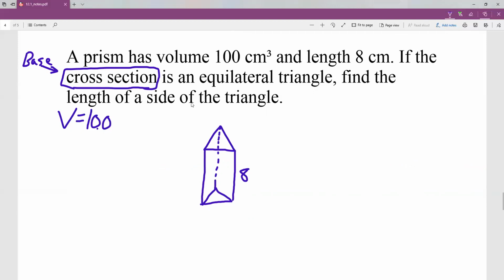We are asked to find the length of the side of the triangle. So side x, we have a height of that. This shouldn't be that bad because we just talked about it: if the bases of these prisms are equilateral, then their area formula is going to be x squared root 3 over 4.